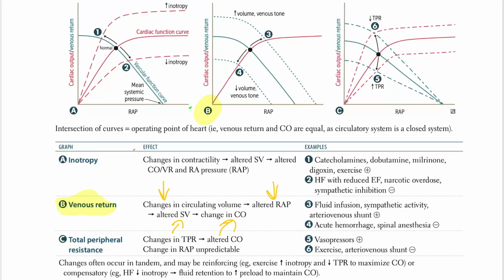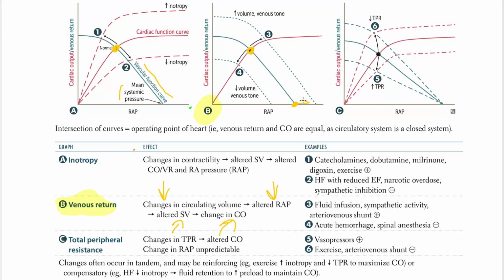So in the first one, inotropy, we were looking at this graph, going up and down. Now we're looking at the venous vascular function curve. What would increase or decrease the vascular function curve, which would mess up the mean systemic pressure?